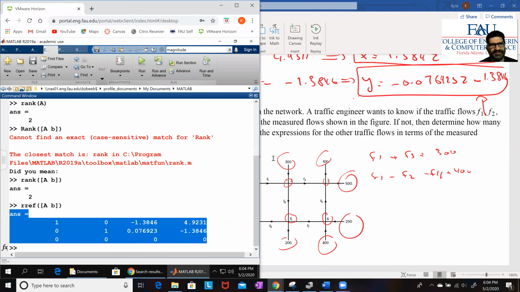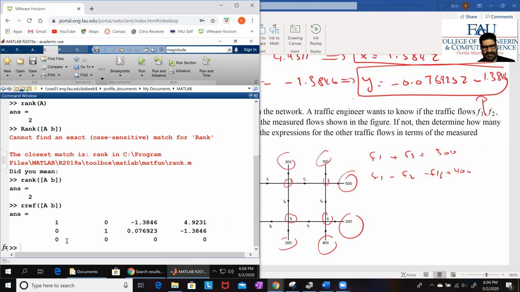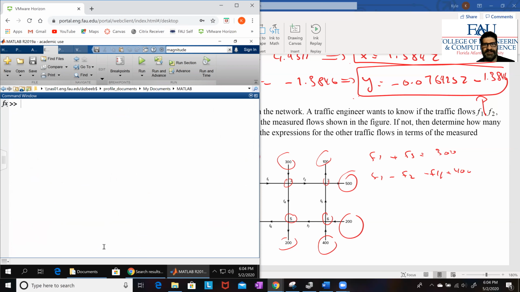So let me open this one here. And I'm going to just work in this here. So let me put in A, that will be the matrix. The first row will be 1, 0, then 1 for the third entry, and then you have 0, 0, 0.